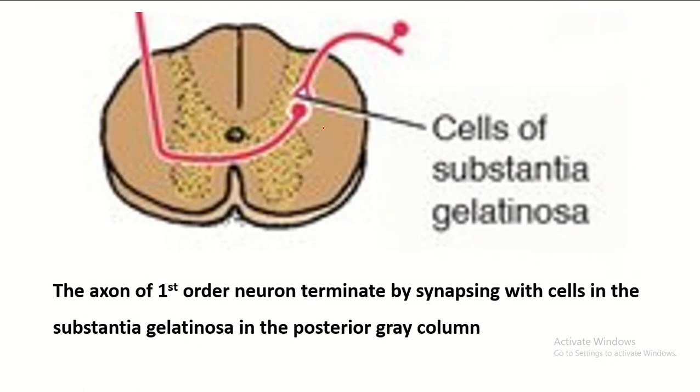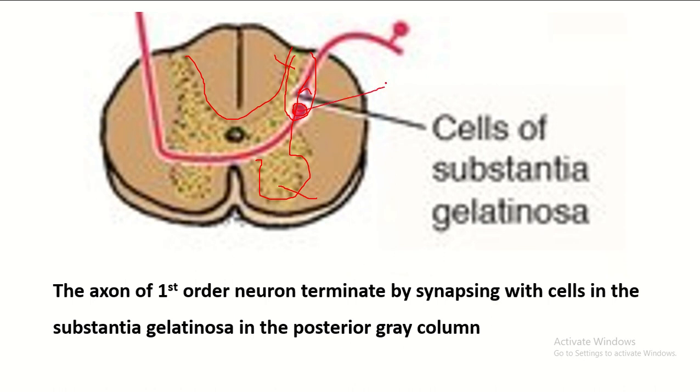This is the cross section of the spinal cord. This is the inner H-shaped gray matter. This is the posterior horn, this is the anterior horn. Near the posterior horn there is a nucleus known as the substantia gelatinosa. The cell body of the neuron of the substantia gelatinosa synapses with the central process of the pseudounipolar neuron.